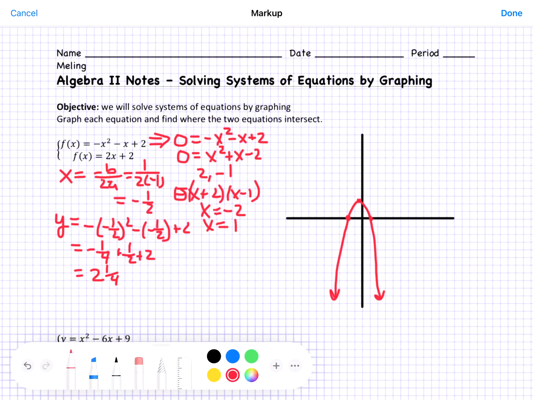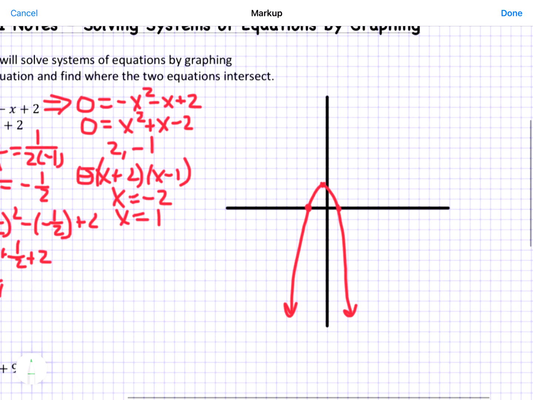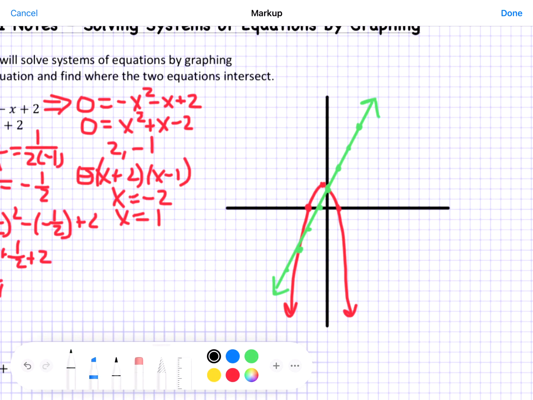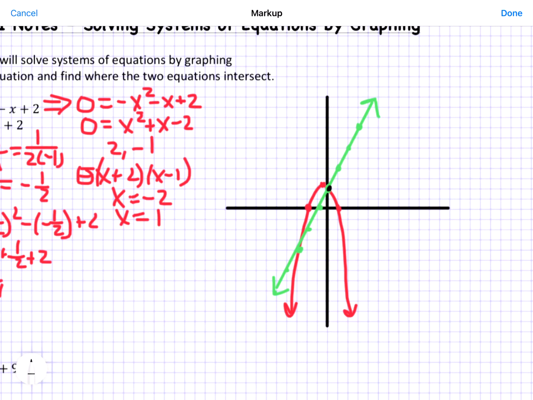Now, for my other line, which is 2x plus 2, that's just a line. So I know it hits at 0, 2, and then it has a slope of 2. So I'm going to draw that in and add my arrows. And so you can see they meet here and here.